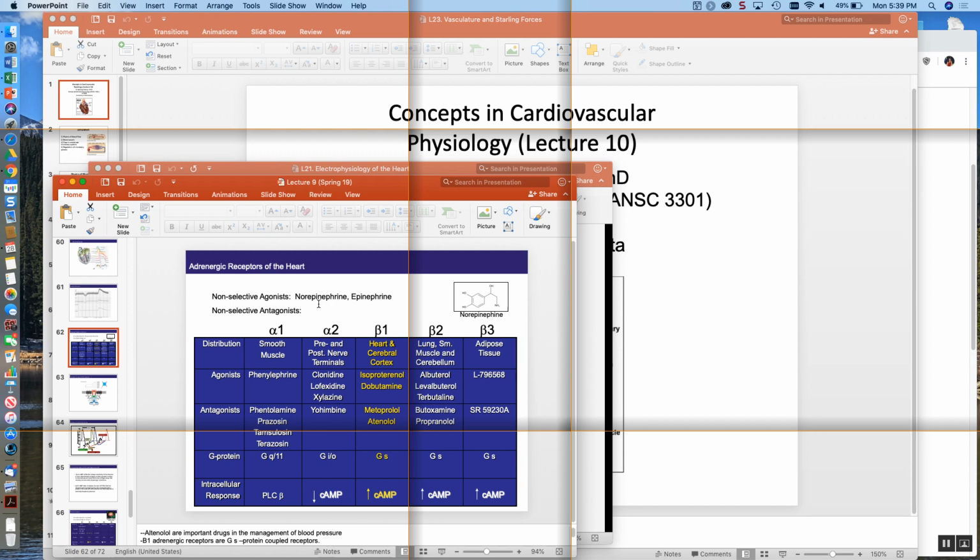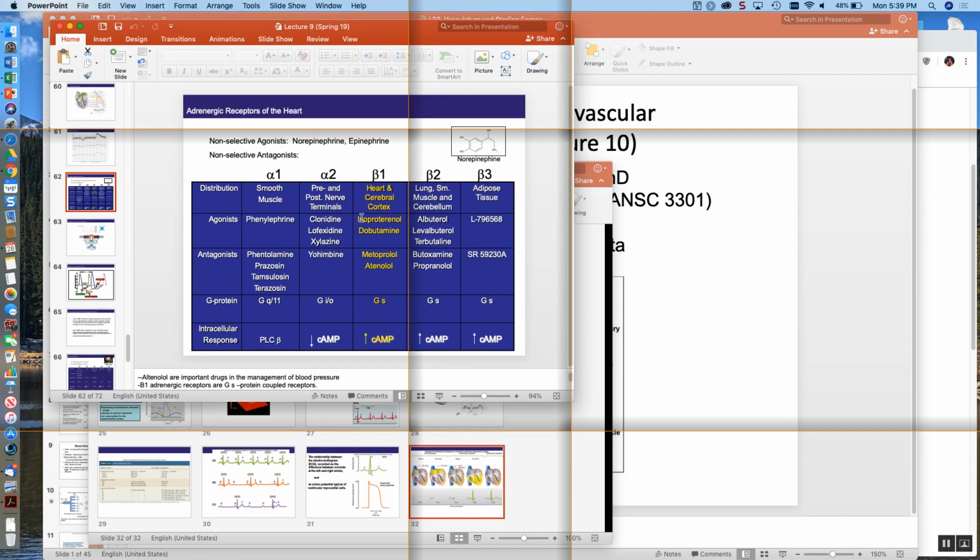You don't need them, but they can regulate heart rate. Here's the SA node, and the sympathetic and parasympathetic nervous systems are innervating it. With sympathetic stimulation, those neurons release norepinephrine, and it binds to the beta-1 adrenergic receptors.